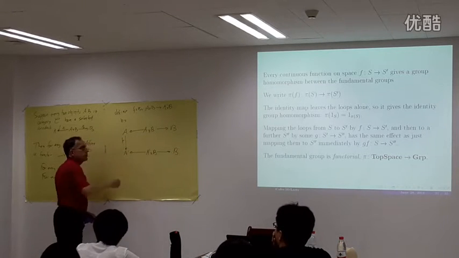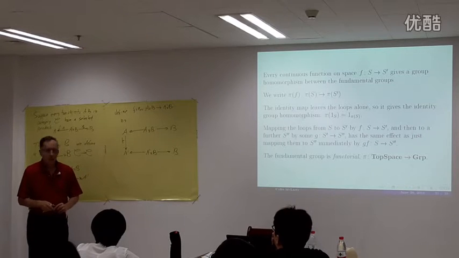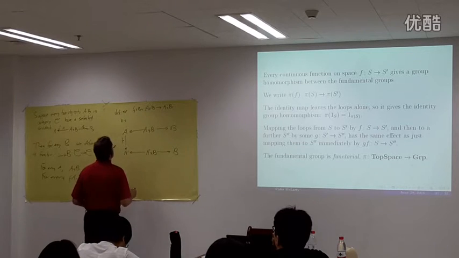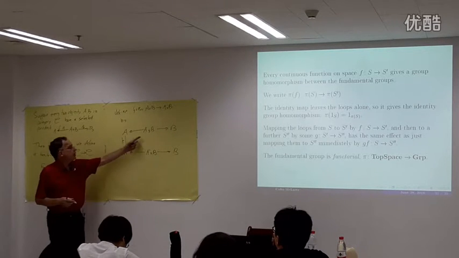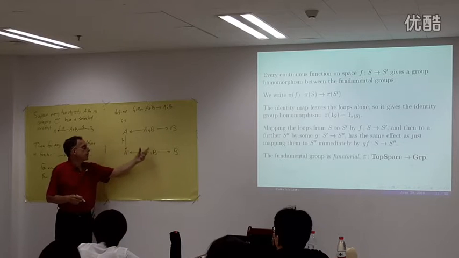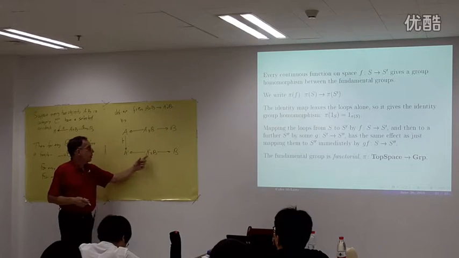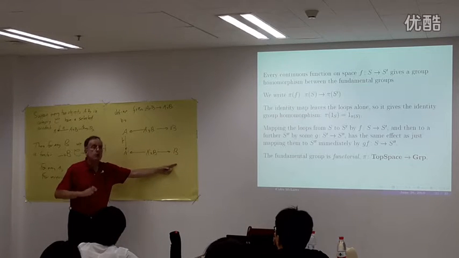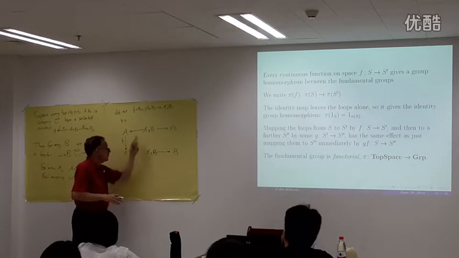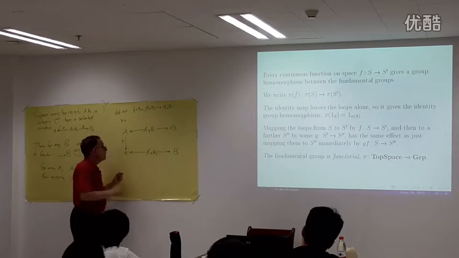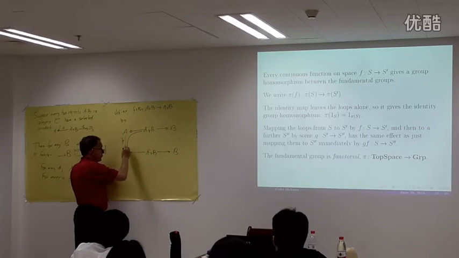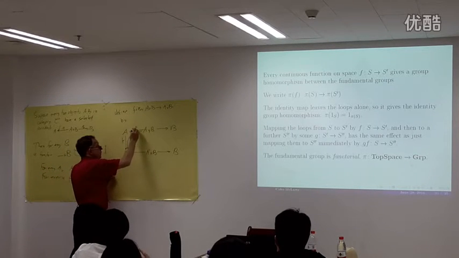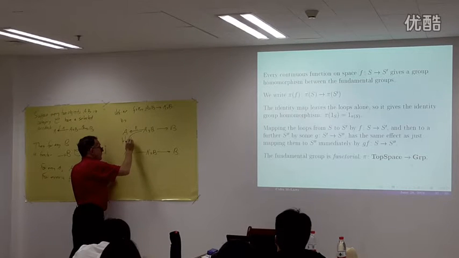I want an arrow from here to B. How do I always define an arrow to a product? You always define an arrow to a product by defining arrows to each side. Because that's the definition of product, is that if I've got arrows to each side, I've got an arrow here. Now I've got an obvious arrow to this side, namely, well, this is P1, namely F P1.